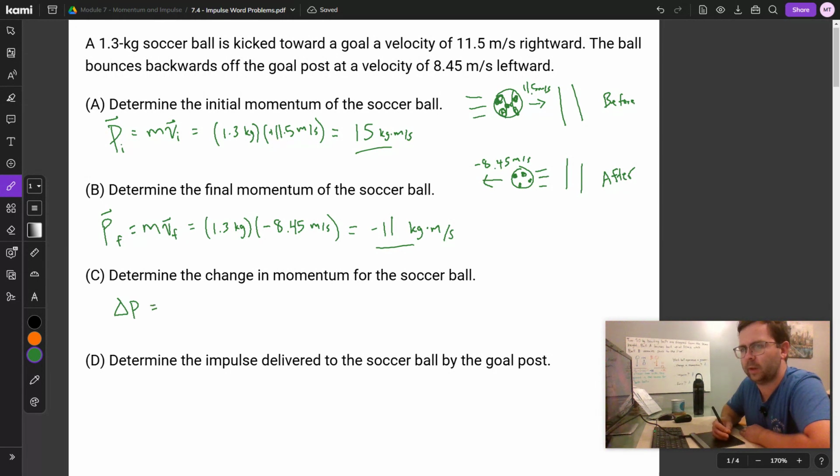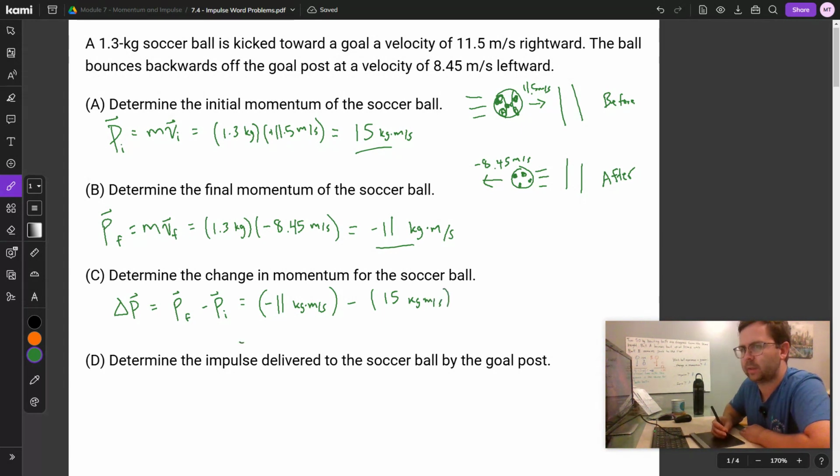Anytime you want to find the difference between two values, you take the final value and you subtract the initial value, and that will give you the change. So by doing final minus initial, it ensures that we have the right positive and negative signs in the right places. So the final momentum is negative 11 minus the initial momentum, which is 15 kilograms times meters per second.